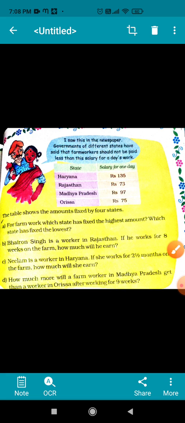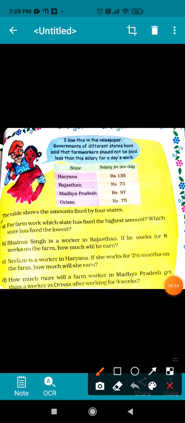Now here you can see the second question. Bhairav Singh is a worker in Rajasthan. If he works for 8 weeks, children, 8 weeks, how much will he earn?